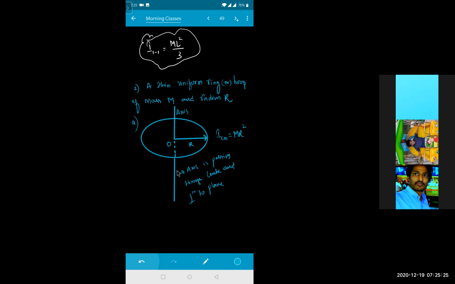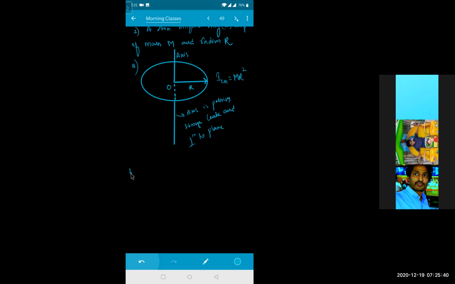Only from the center it passes, something like Sri Krishna's chakra when he uses it on his finger. So the axis is completely passing through the center, and the remaining body is completely around that. So the axis is passing through the center and perpendicular to the plane, that is the relation.